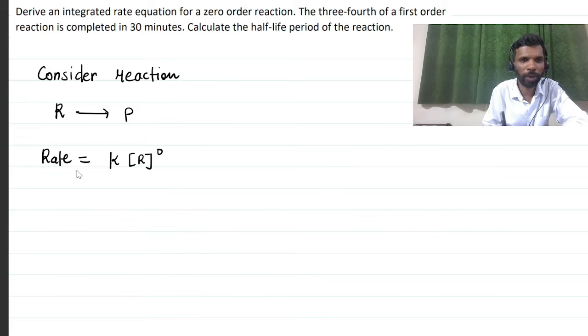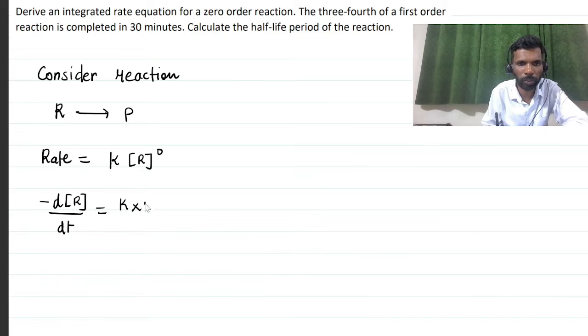How do we define the rate? Like the differential rate equation, we write minus dR, that is the change in concentration of the reactant at time t, over dt, is equal to K, and anything raised to 0 is 1.